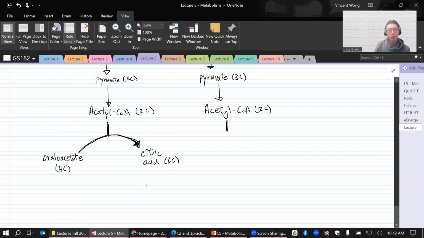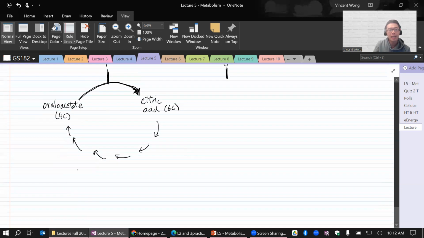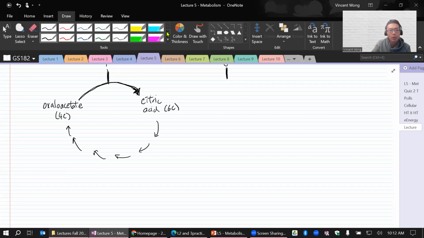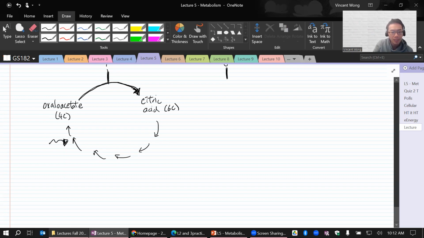Okay, so long story short, many steps are going to happen, which we don't have to memorize, fortunately for you. But the key thing to know is that along the way, as we did in stage 1 and stage 2, we will be releasing high energy electrons. Every time we release a high energy electron, we are going to be capturing it. So we're going to be supplying NAD plus into the cycle.